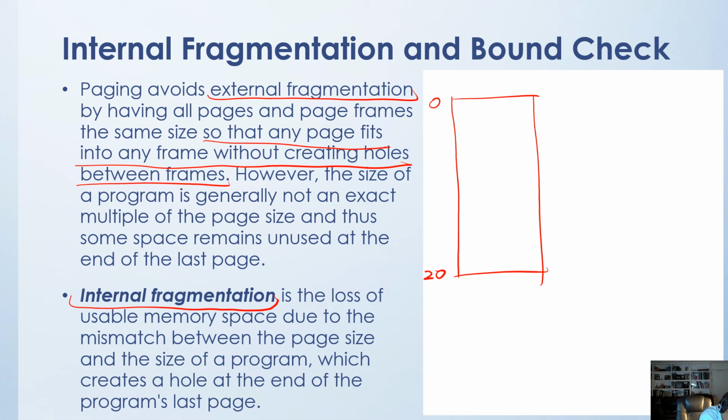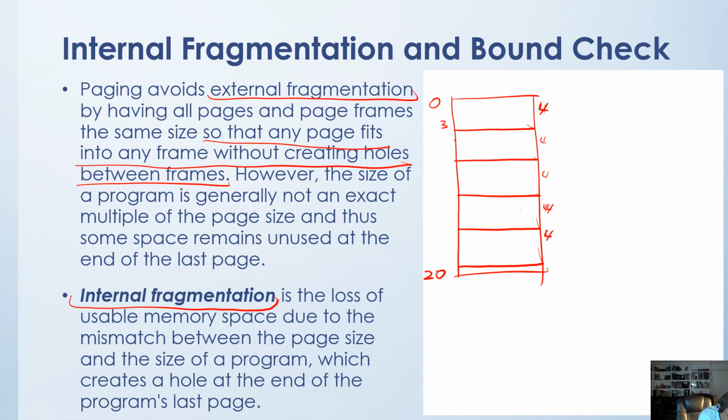So then I can partition this program from 0 to 3, and so that's 4, 4, 4, 4, 4. So each page takes 4 memory addresses. I have 5 4s.